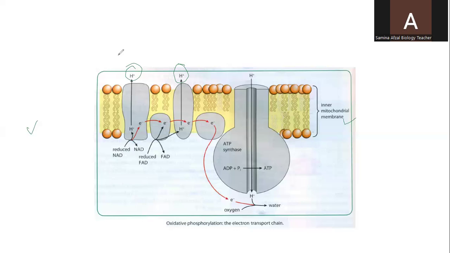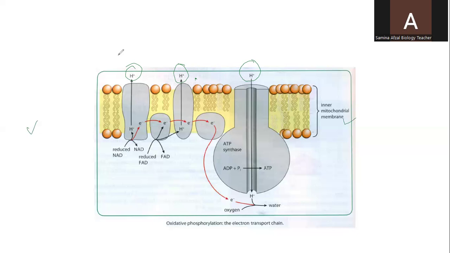So what happens as a result of this? The electrons are carried by many carriers, whereas the hydrogen ions are outside the inner membrane. So the concentration of the hydrogen ions has increased over here. So they will move back into the system, from their higher concentration towards the lower concentration, with oxygen.